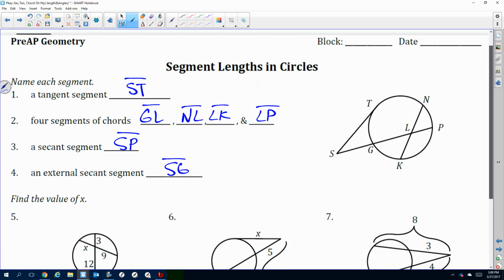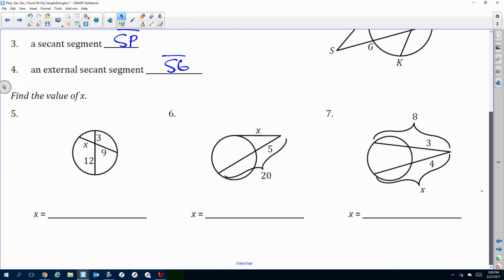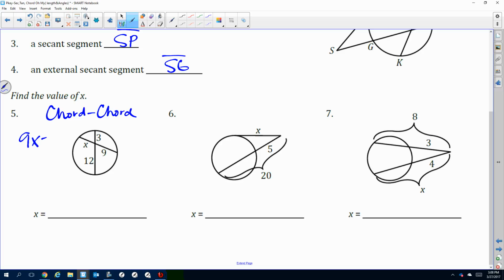So, number 5. What rule can we use on 5? Chord, because you have two chords intersecting. So basically 9x equals 3 times 12, which is 36. On 6, what relationship? Tangent secant.